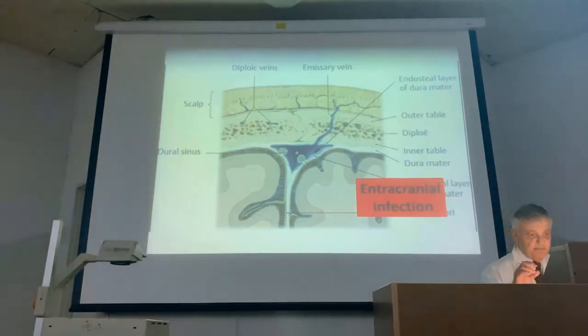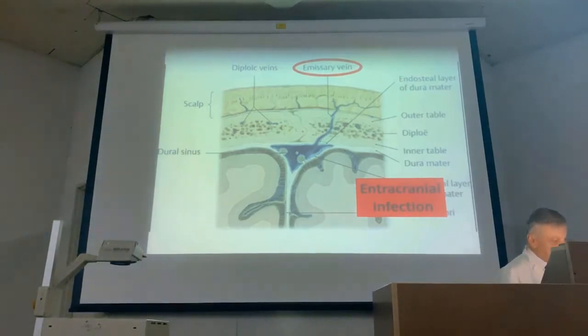Why should a person with a large wound in the scalp, or scalped people, have problems or die? It is because of emissary veins. What are emissary veins?